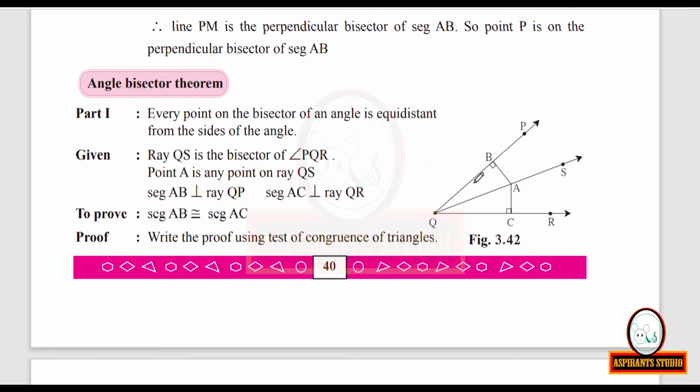Equidistant means segment AB is congruent to segment AC. We have to prove segment AB is congruent to segment AC. Now, one hint is given here. Write the proof using test of congruence of triangles. I'll explain the proof. You can write.